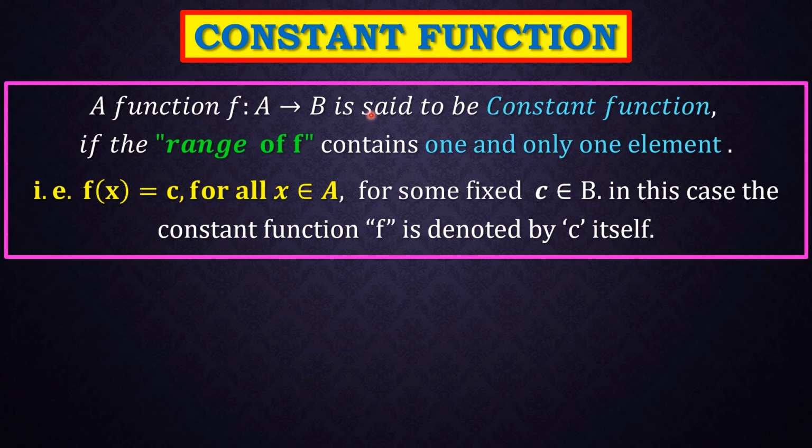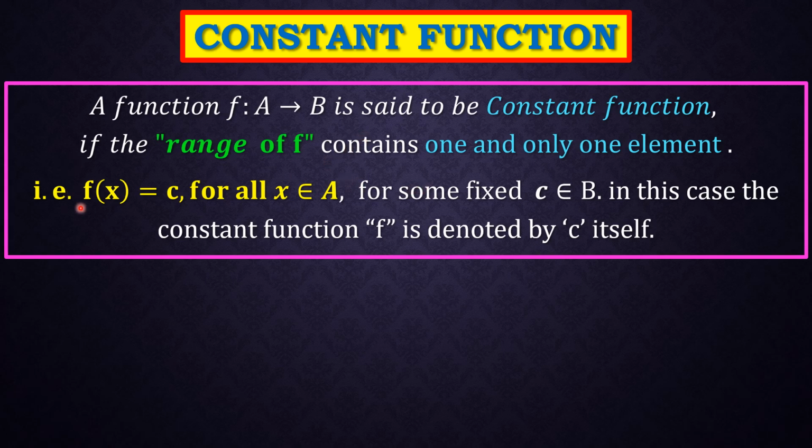Here we observe that for a function f from A to B, the range of f is always a singleton set. Its element is one of the elements in the codomain set, and each element is related to that fixed element in the codomain set.